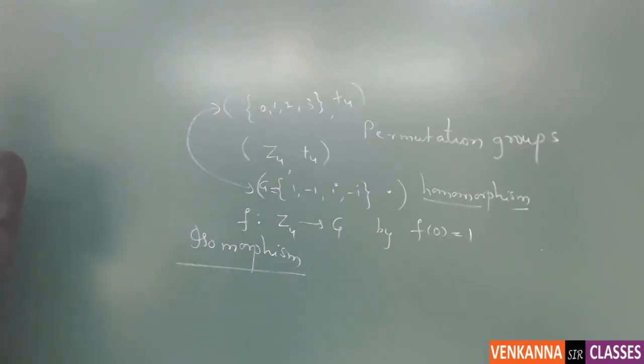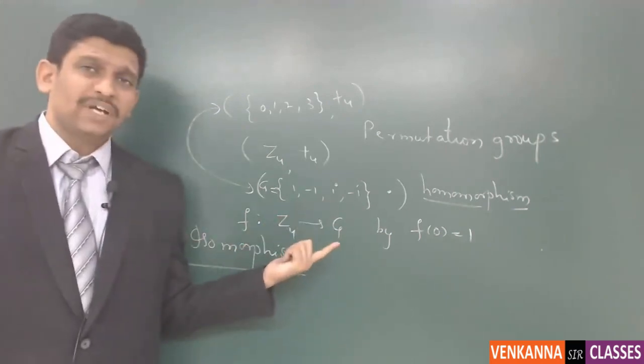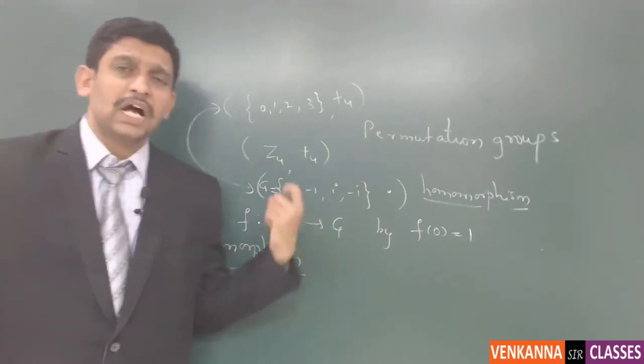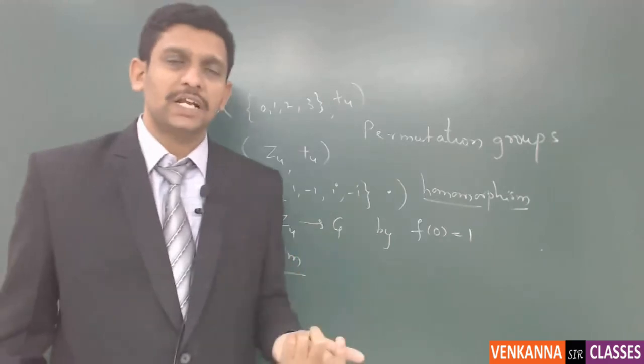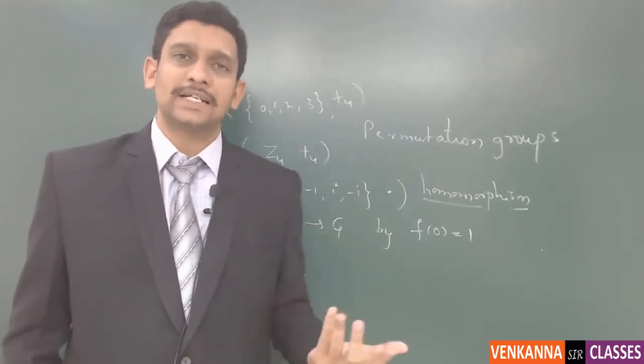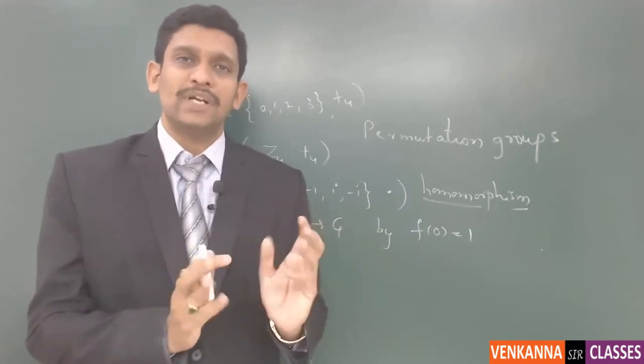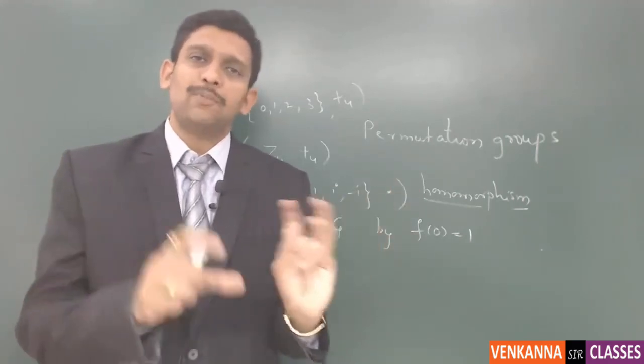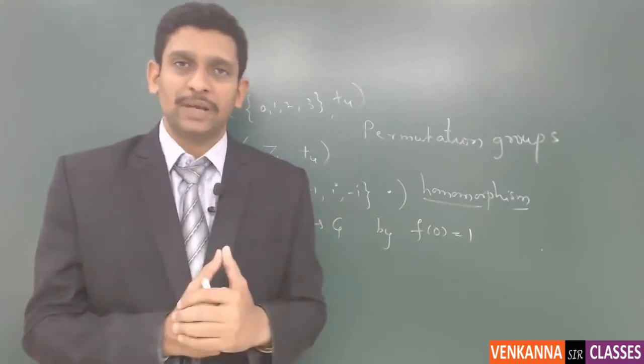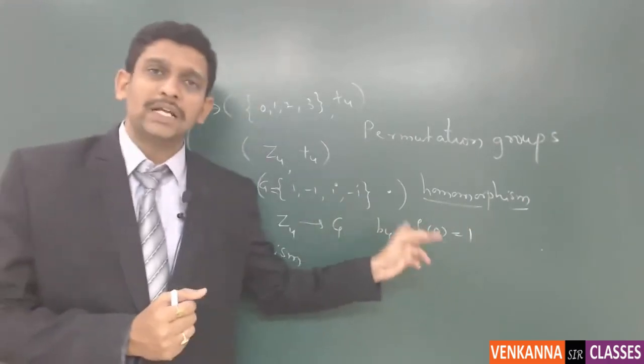Yes or no? That's why to have a bijection, initially I need to check how many elements are there in the first set, how many elements are there in the second set. By comparison, since there are equal number of elements on both sides, it is possible to construct a bijection between them. So I have paired 0 with 1.